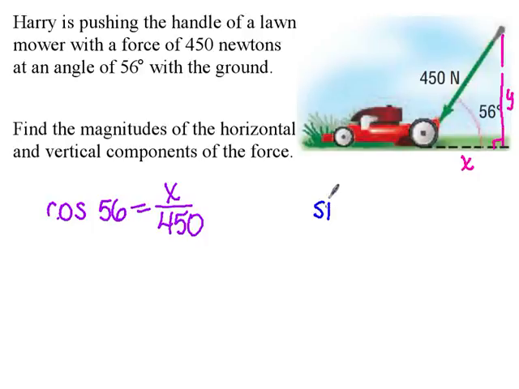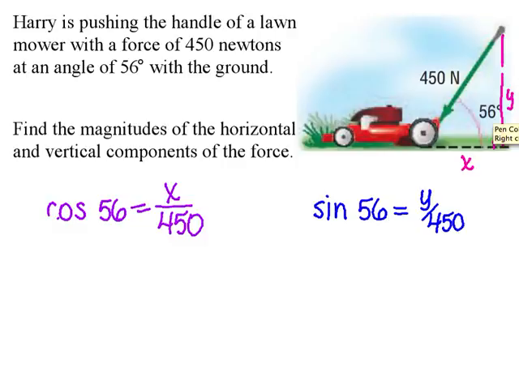Sine of 56 will be y over 450. So all you're going to do is take 450 times the cosine of 56. That'll be your x component. So what is 450 times the cosine of 56? Now be really careful that you're in degree mode.